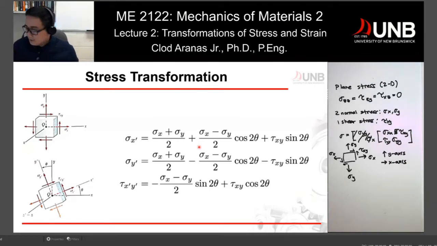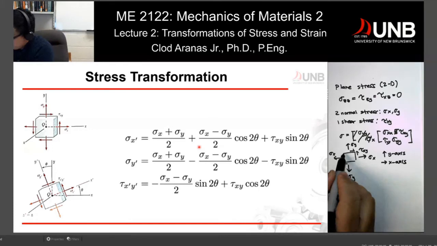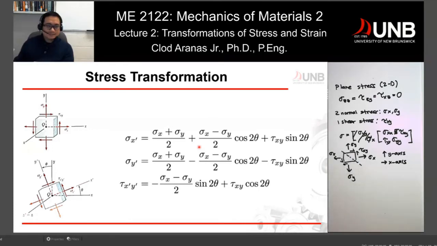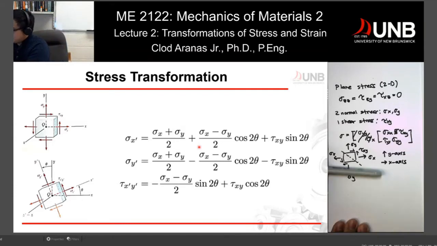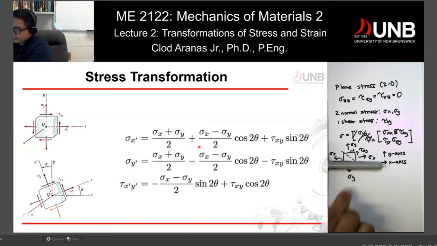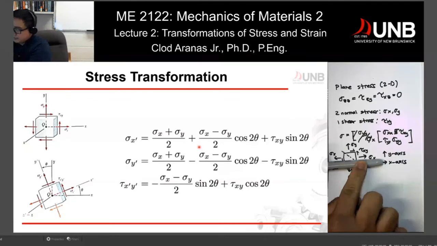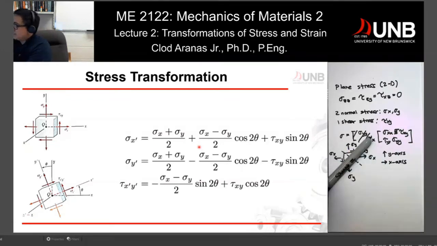So now you want to get a stress at a certain rotated position. So in this particular case, let's say we want to rotate it from this point here. So let's say this would be your x-axis. Now, let's say you want to rotate it this way right here.